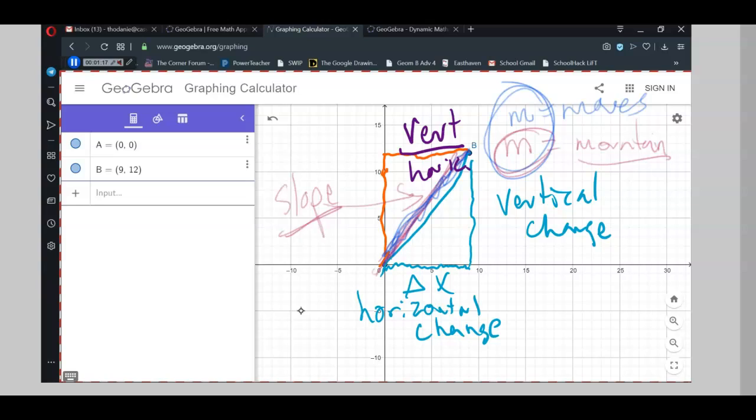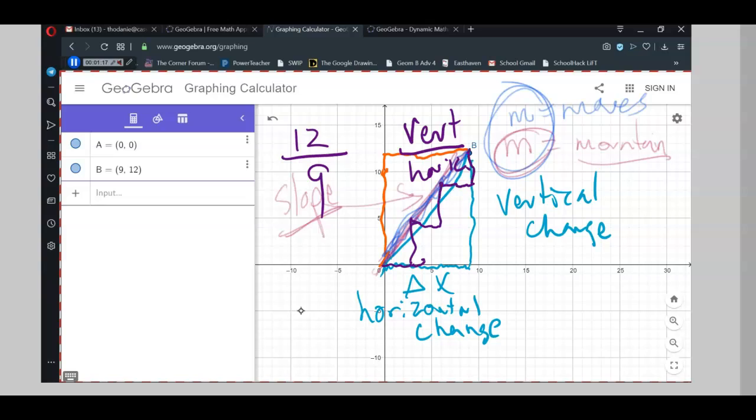So once the kids know they need to go, in this case, up 12 over 9, that's my slope. And you say, oh, really good, that's great. Then, is there another way we could describe it? Somebody says, hey, wait a minute, I told the guy to go over 3 and up 4, then go over 3 more and up 4 again, and then go over 3 more and up 4.